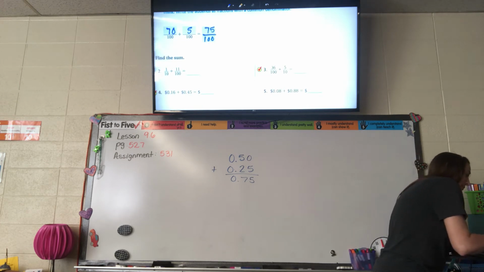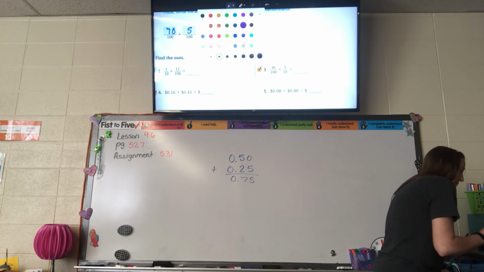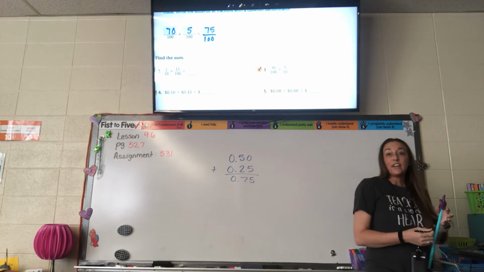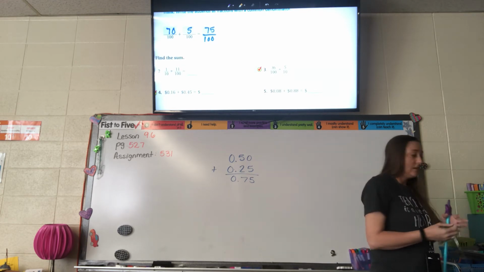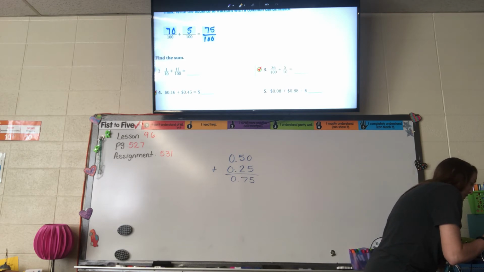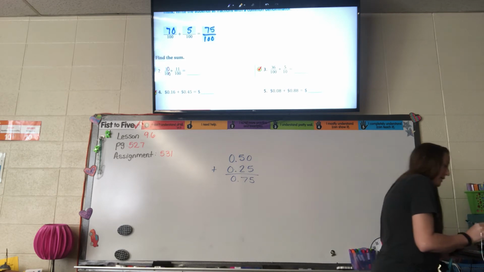Okay, and then we can find the sum. So on these, to make it a little bit quicker, I'm just going to add the zeros to the top and bottom of the fraction that has a 10 on the bottom. I'm going to leave the fraction with 100 on the bottom alone. So 0 on top, 0 on bottom.